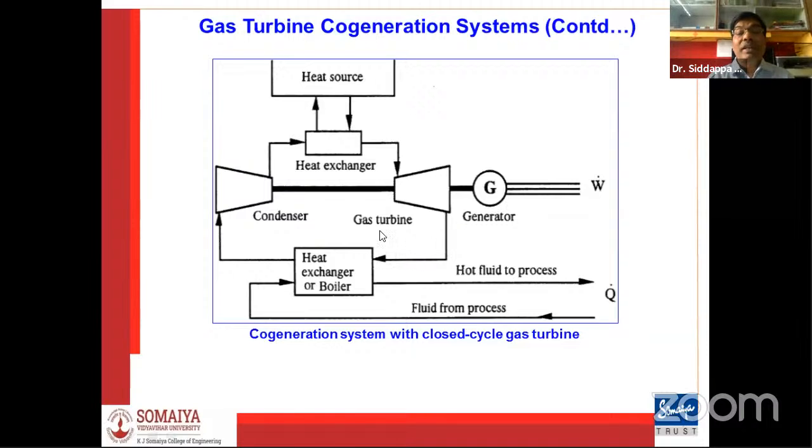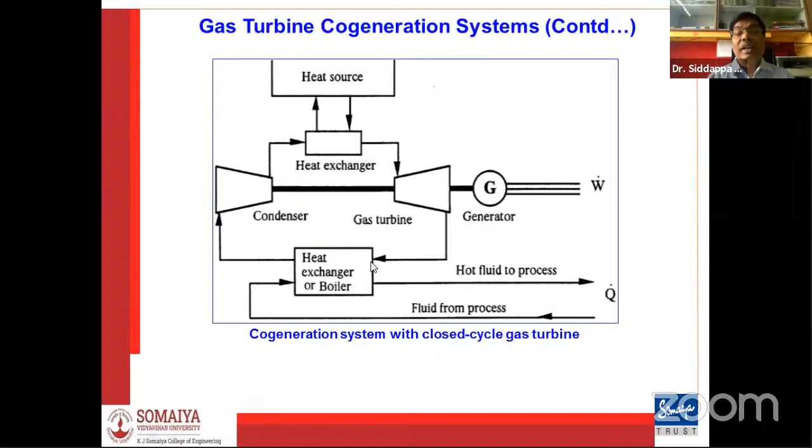Now the heat exchanger may depend upon what type of heat exchanger you are using. I told you a minute back, the boiler is also one type of heat exchanger. Depending upon your application, it depends at what temperature level you are going to operate it.